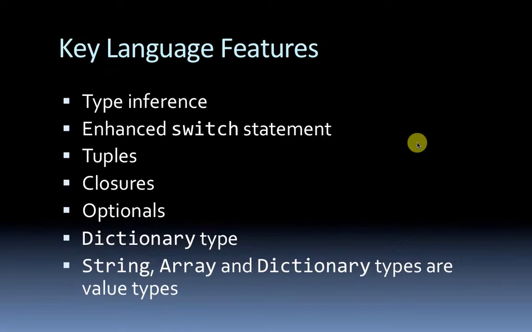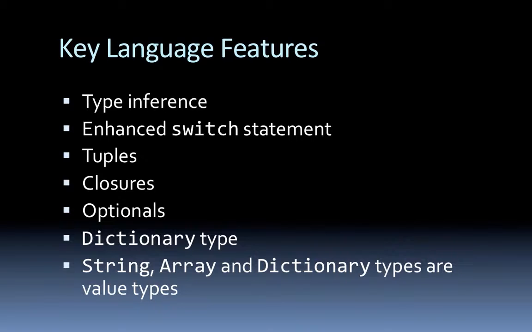Now, one of the key design goals of the language itself was to make the language simpler to use than Objective-C. And one of the key features for that purpose is type inference. With type inference, you can determine the type of a variable or the type of a constant based on the value that's assigned to the variable or used to initialize the constant. Not only that, you'll see other scenarios throughout Swift in which type inference can be used as well.